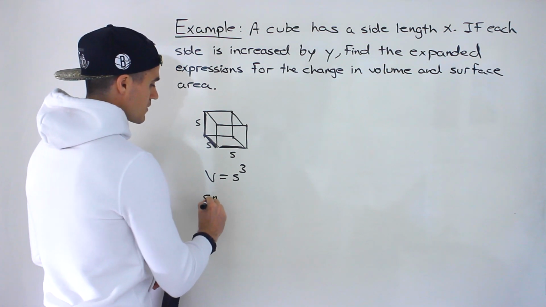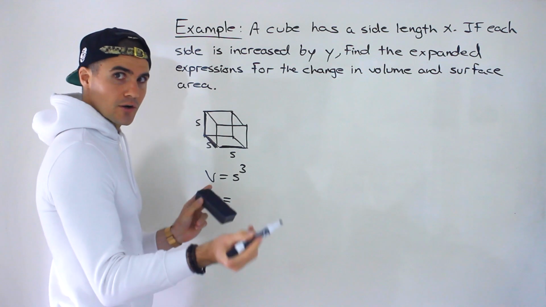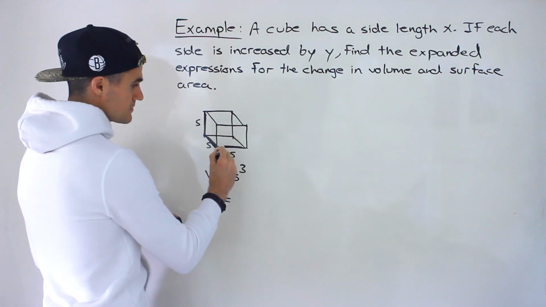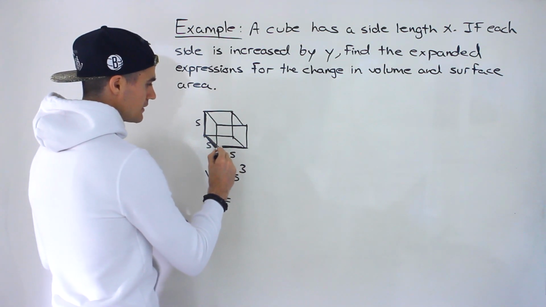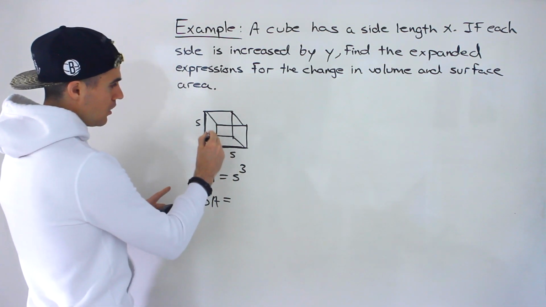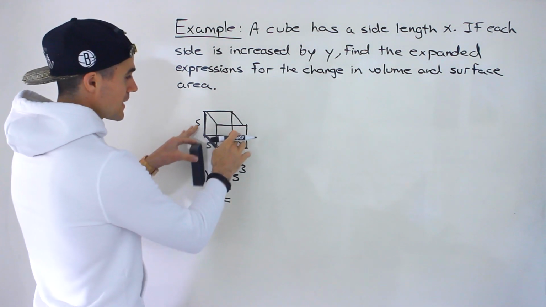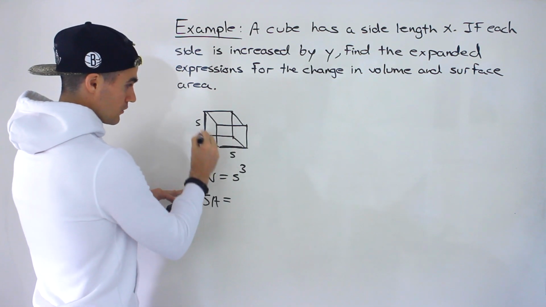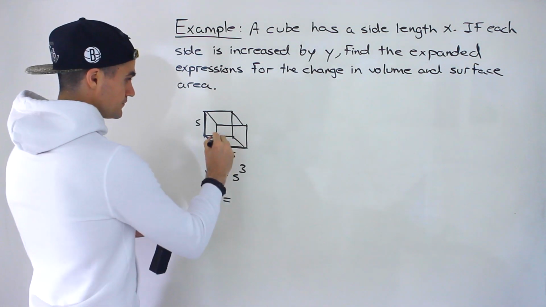What's the surface area going to be? Well, again, it's a lot easier than a rectangular prism, if you remember, because with a rectangular prism we had a different length, width, and height, so we had 3 different areas to work with for the faces. Now, because all these are the same, each of these faces has the same area.